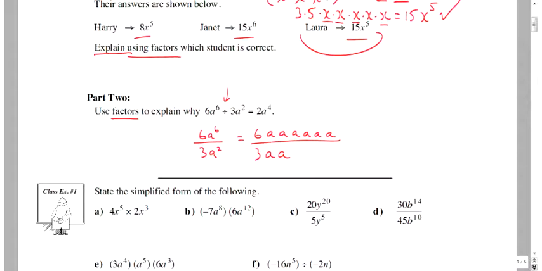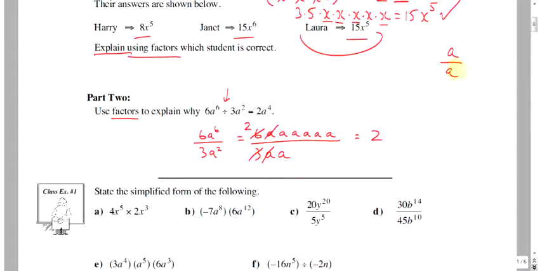Now how does that help me? What is 6 divided by 3? 3 goes into 6 2 times. What's a divided by a? It's 1. Don't say 0. Because we want to think nothing like it's gone.